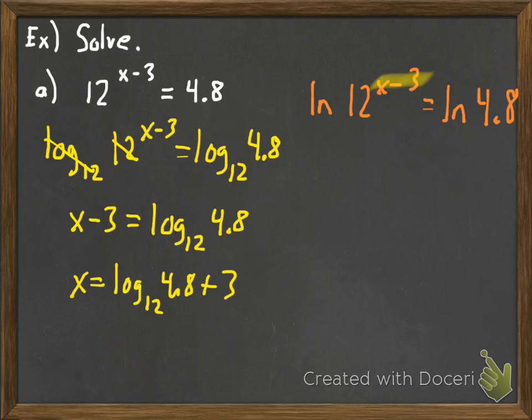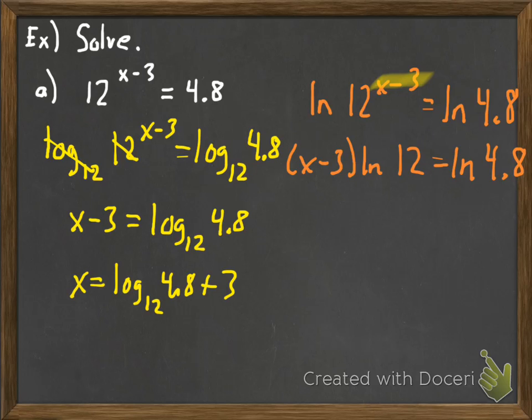What we're going to be able to do is take advantage of the power property, and we're going to make that exponent into a coefficient for the logarithm. So the equation will become (x minus 3) times the natural log of 12 equals the natural log of 4.8.